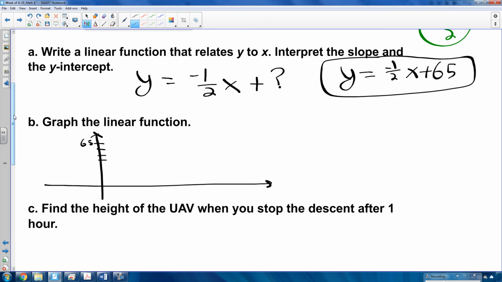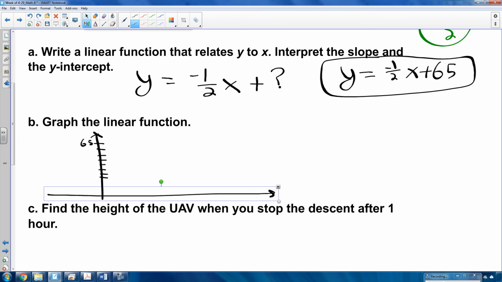It doesn't seem like I even have enough space there, so that's unfortunate. Move something around here, I guess. Okay, so 65, 60, 55, 50, 45, 40, 35, 30, 25, 20, 15, 10, 5. It's not looking nice, but you get the gist, right?